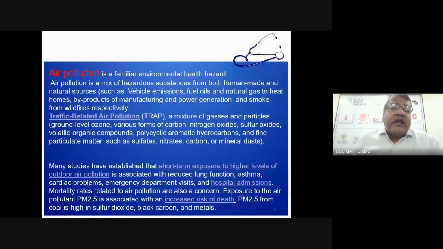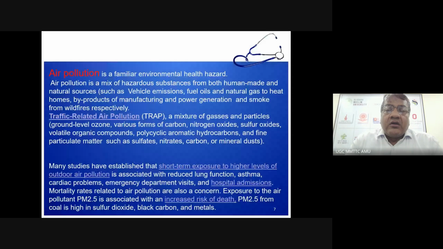Air pollution is a mixture of hazardous substances from both human-made and natural sources, such as vehicle emissions, fuel oils, and natural gas to heat homes, or byproducts of manufacturing and power generation, and smoke from wildfires. So this is how air pollution is formed, through vehicle emissions, fuel oils, natural gas to heat homes in cold areas, byproducts of manufacturing and power generation, and smoke from wildfires respectively.